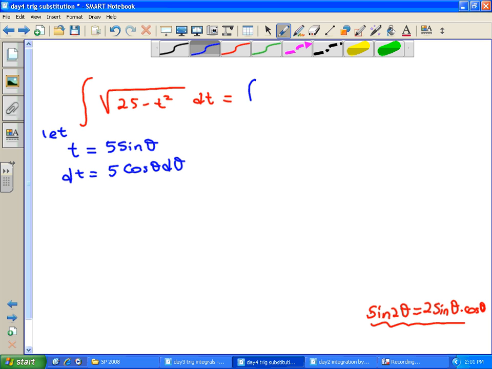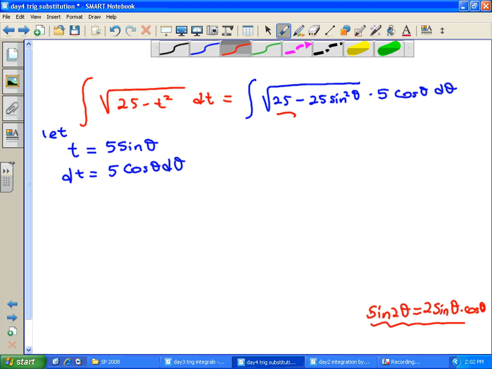So I come back over here. For the square root, I'm going to put 25 minus t squared, and t squared is 25 sine squared. And dt is based on what we just found, 5 cosine theta d theta. Now we need to simplify the square root once again.